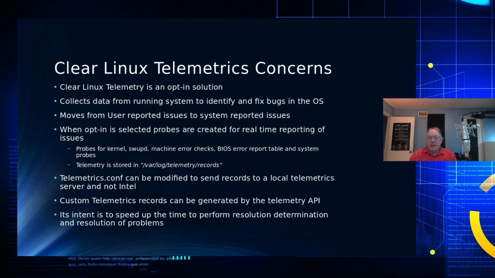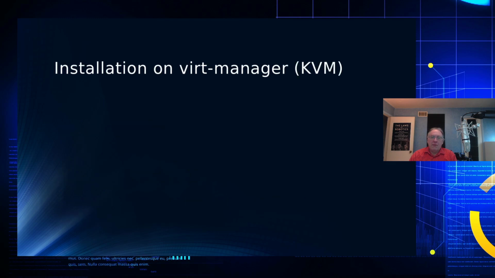However, with the kernel KVM version, it did not create the telemetry directories, and it did not create telemetry entries because there was no directory to store it in. So as far as I know, the telemetry systems on the KVMs are non-functional. So if that's a concern for you, turn it off.